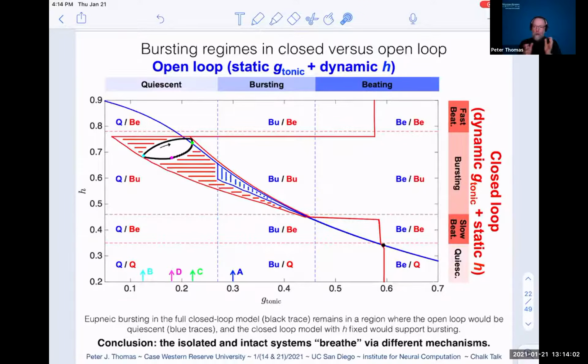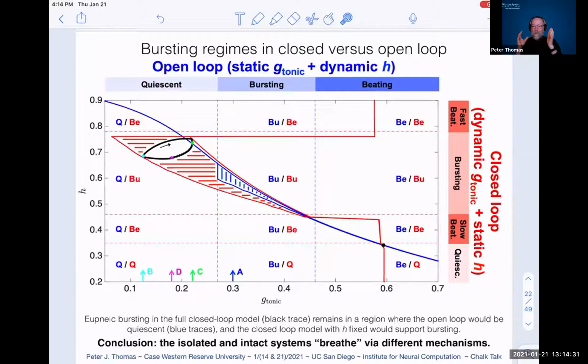So all these lines of evidence tell the story that the mechanism of bursting in the closed loop system, which is analogous to the actual animal, is completely different than the mechanism of bursting in the isolated system, for which Jeff Smith got a very nice Science paper in 1991 by demonstrating that you could get fictive breathing.